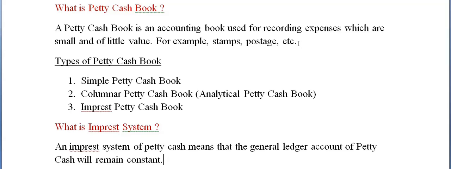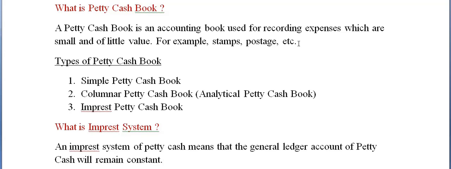Let us say from last month there was a balance of 100 rupees in his hand. So how much extra is needed to make this 100 into 1000? 900 is needed. So he will be given 900. So 900 plus 100 has now become 1000.